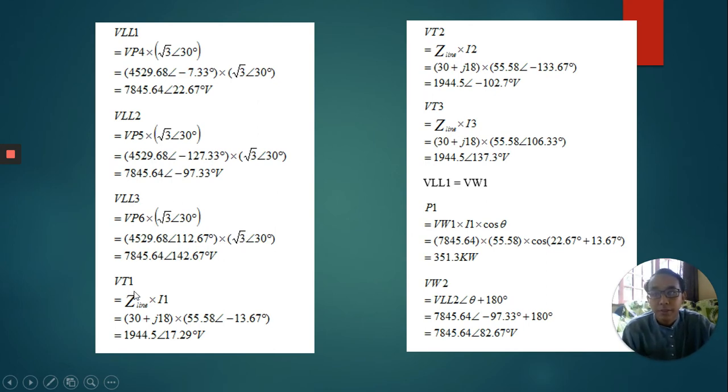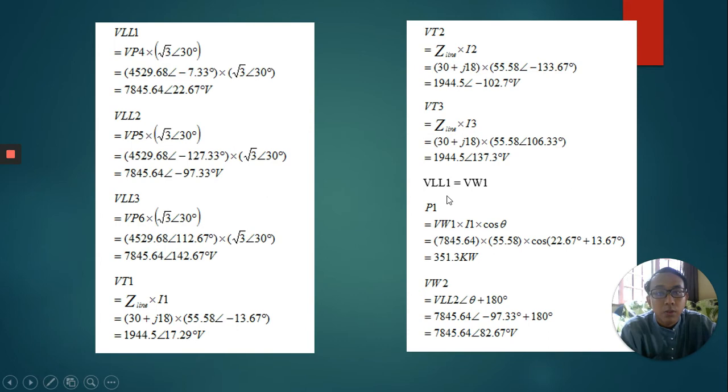For VL1, we got this, the line times I3. For VL2, we got this, the line times I2. And for VL3, the line times I3, we got this.